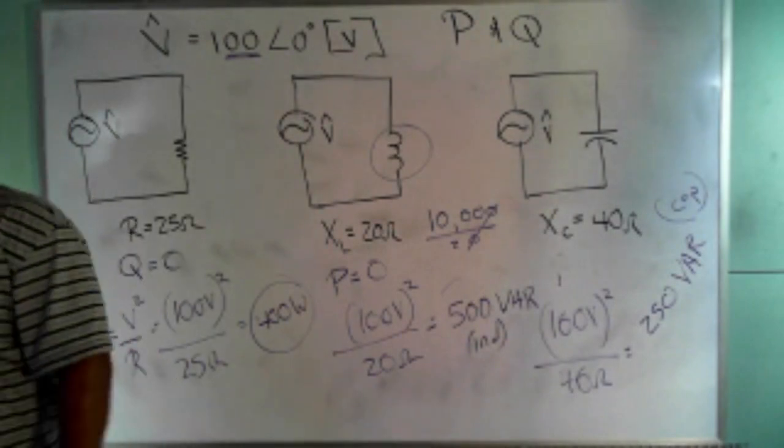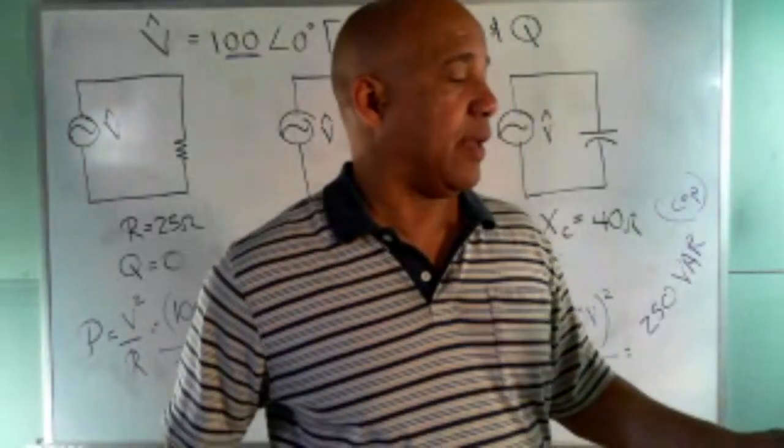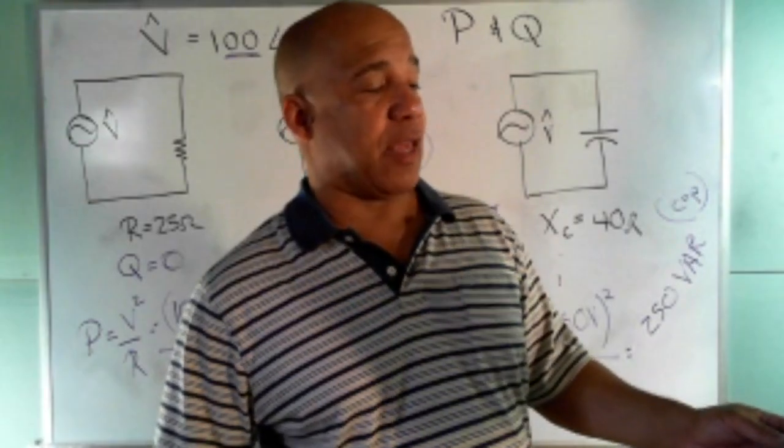Look at the next problem though. On the next problem, they give you a series circuit. They want you to find P and Q. We might as well find S too.